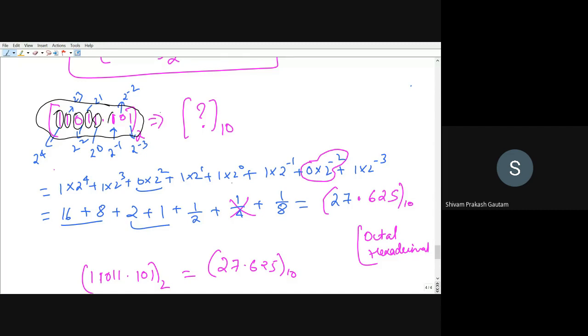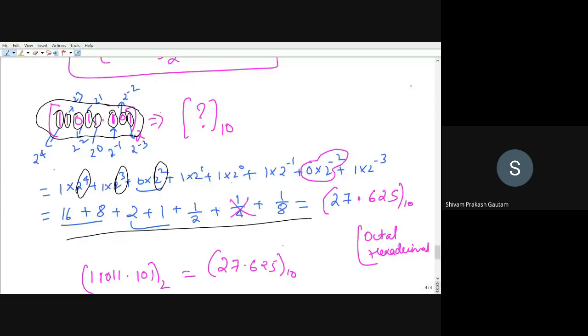Similarly, on the other side, 2 to the power minus 1, minus 2, and minus 3. Each digit is multiplied by the weight attached to it: 1 is multiplied by 2 to the power 4, 0 is multiplied by this, and so on. Then you can calculate by solving, and get its equivalent decimal number.